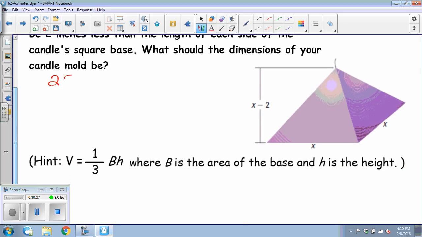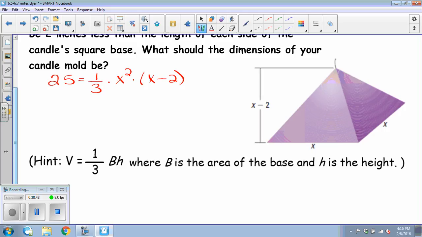So 25 equals 1/3 times the area of the base, which is x times x, because the base is a square, so it's length times width. So it's 1/3 times x squared, and then times the height, which is x minus 2.